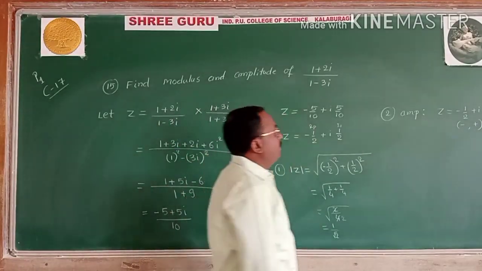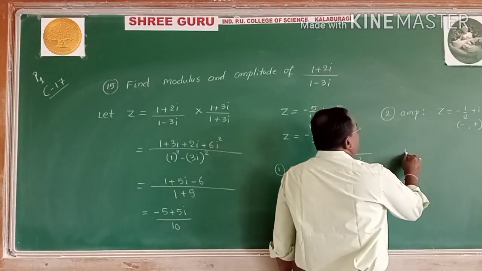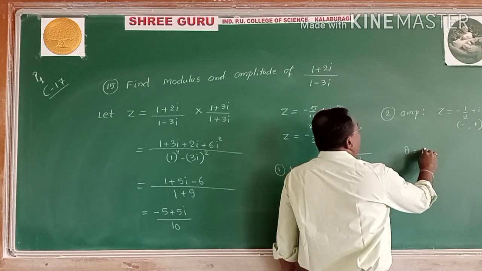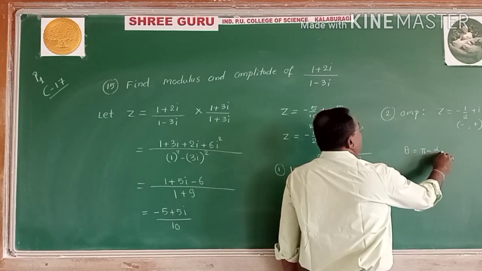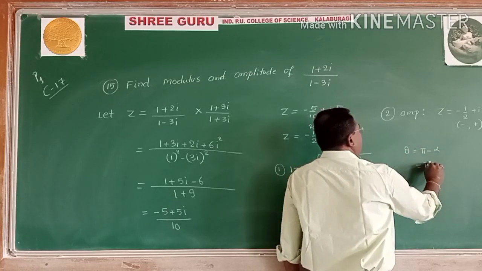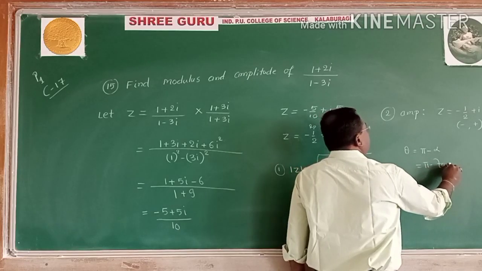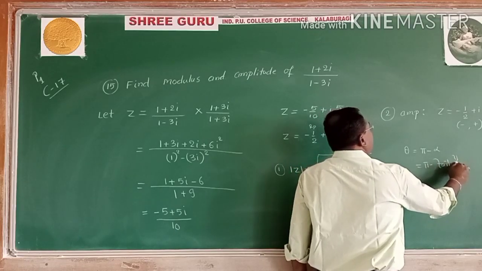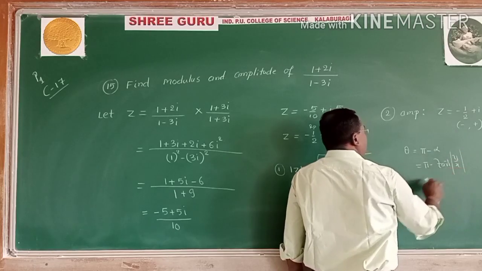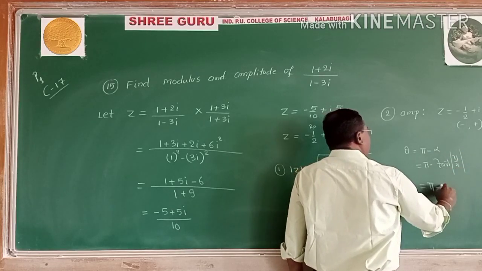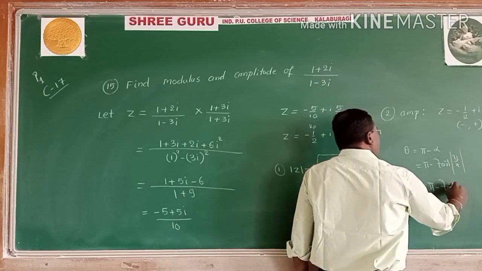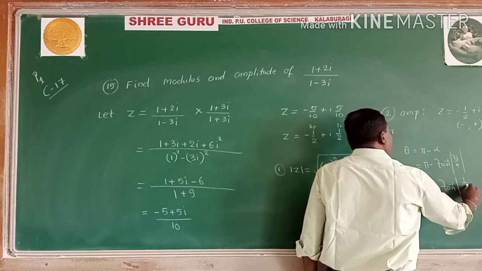X is negative, y is positive. Here theta is equal to pi minus alpha, for the second quadrant, that is pi as it is, minus tan inverse of the modulus of y by x. Y is what? 1 by 2. X is what?